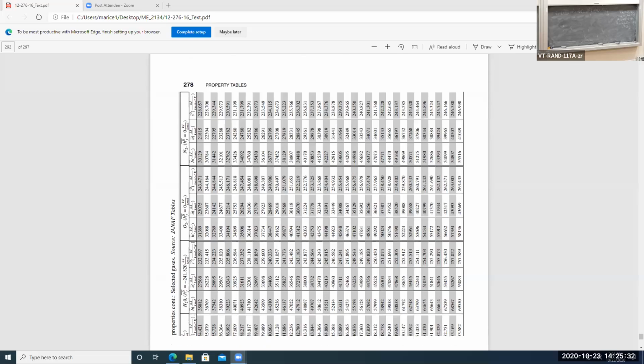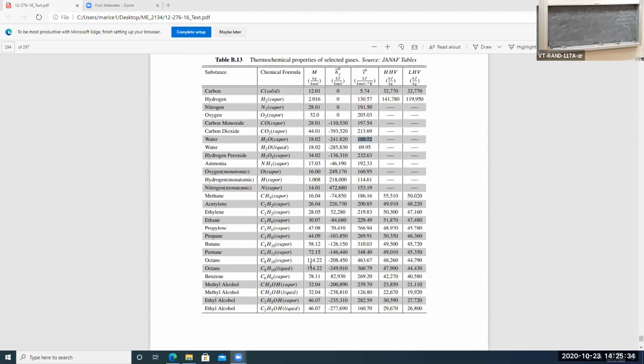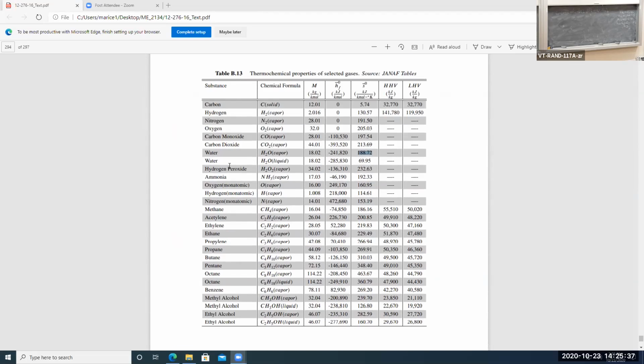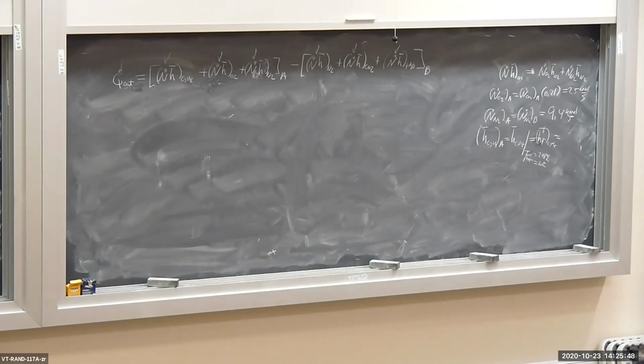Let's find the enthalpy of formation for our propane. Enthalpy of formation, table B13. Propane is here somewhere. Propane, vapor, C3H8, minus 103,850.